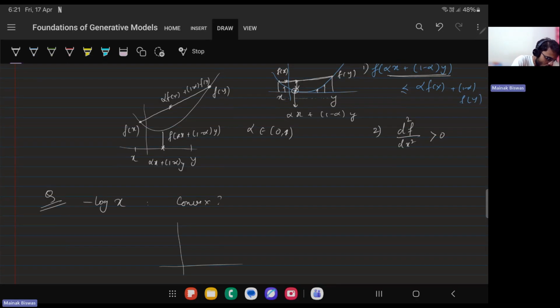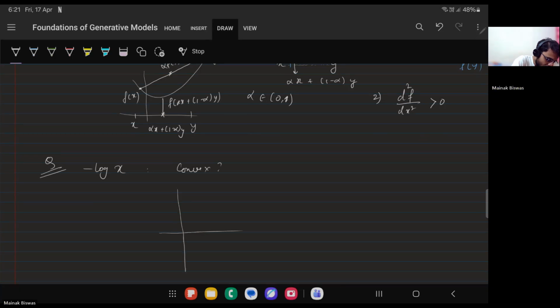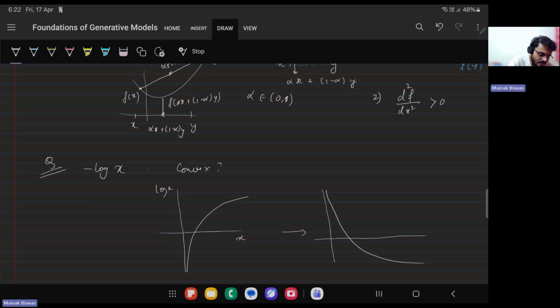So we know that the log of x is something like this. This is your log x. So your negative of log x, or minus log x, is just going to be this, isn't it? Correct? So as x increases, it will go towards minus infinity.